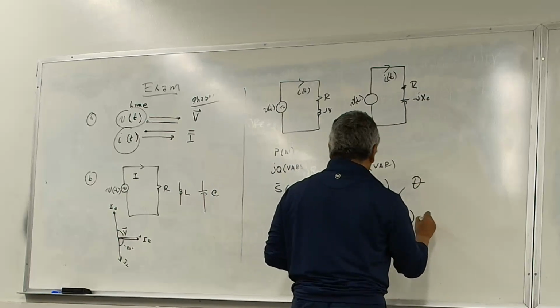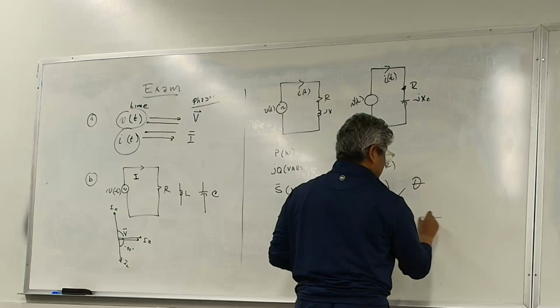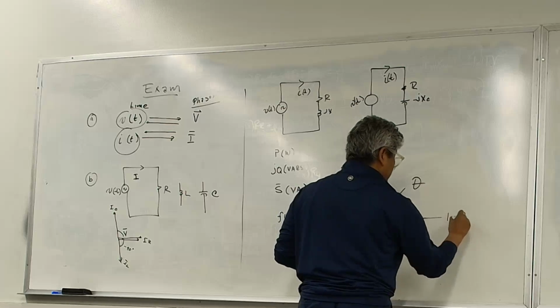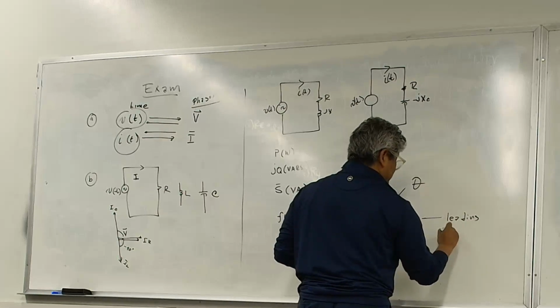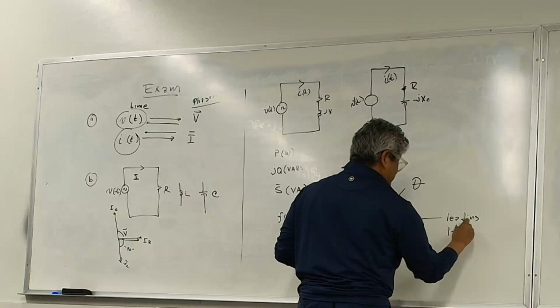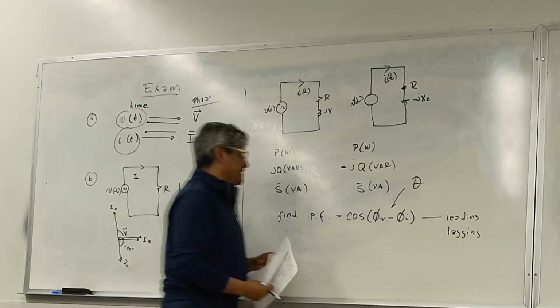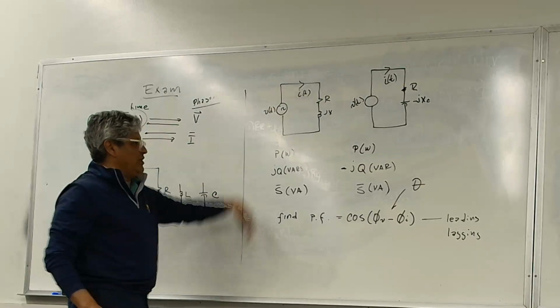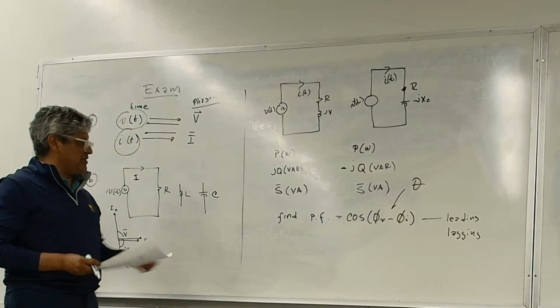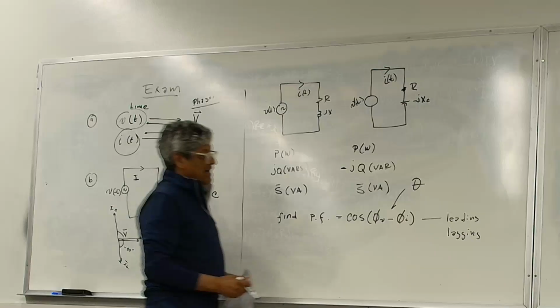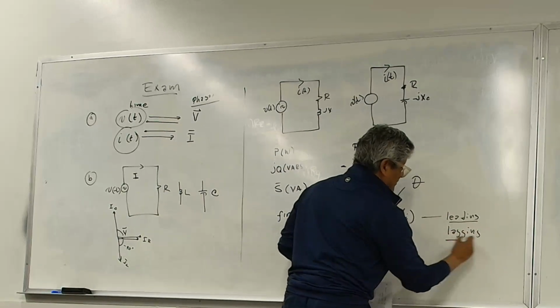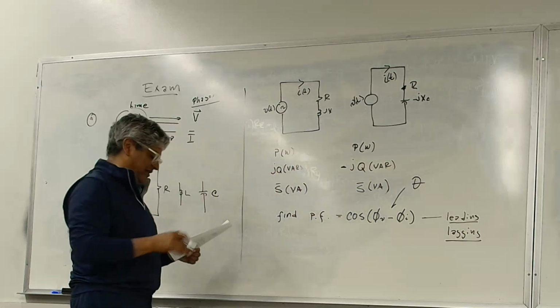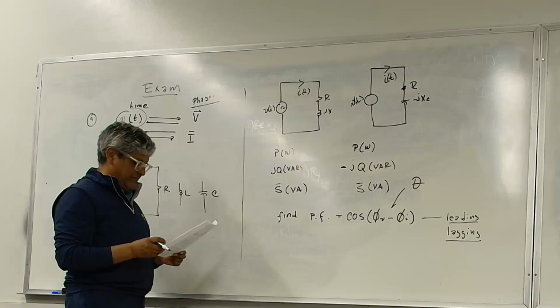And once again, you have to tell me whether this is leading or lagging. For any circuit, if I ask for the power factor, once you solve the problem and get to that point, don't forget to write whether the power factor is leading or lagging.